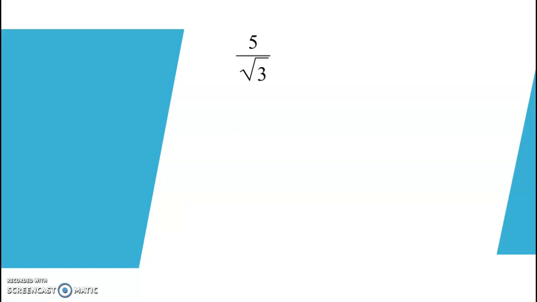First of all, when we have a radical on the bottom, remember the radical is the square root or the cube root or whatever, but there's a radical on the bottom. Remember we said that the radical looks like this. That's the radical. So if it's on the bottom, that's a big fat no-no. So what we're going to do is get rid of it.